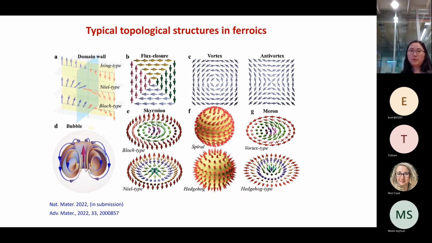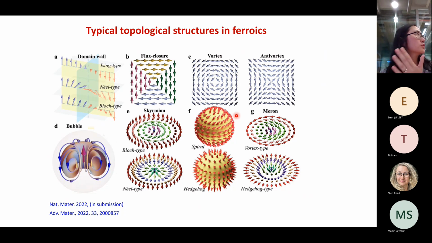And recently, maybe in the last 10 years, a lot of studies have been put on these topological structures, in both magnetic materials and ferroelectrics. You can see these domain structures, especially for the ferroelectrics, show quite different configurations from the one I showed before.